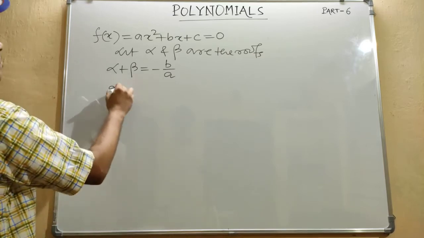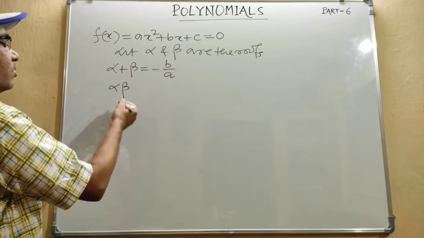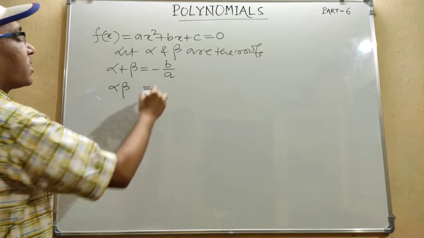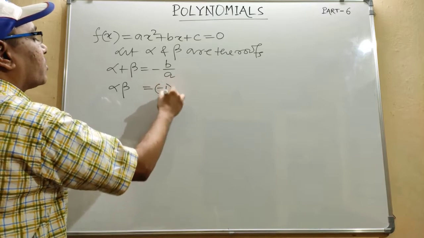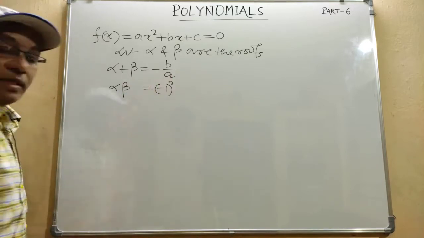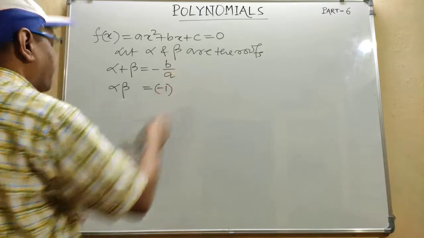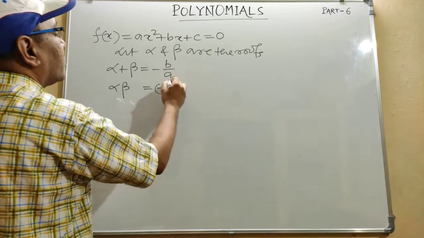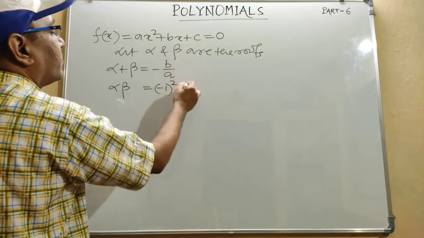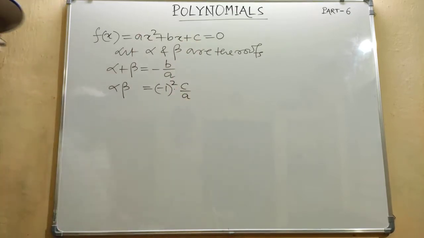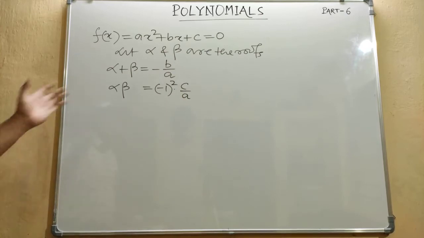And the product of the two roots will be minus 1 to the power 2, since it is a second degree polynomial, times constant term by coefficient of first term.